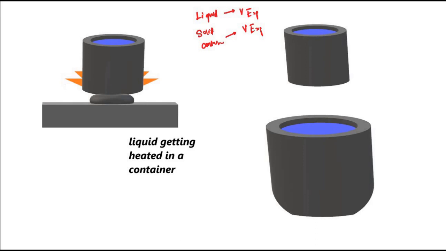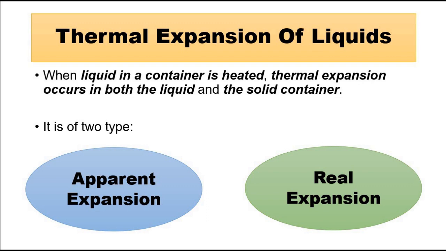So here we have to take into account the expansion of the liquid and also the expansion of the container. So that's where the concept of apparent and real expansion come into play.